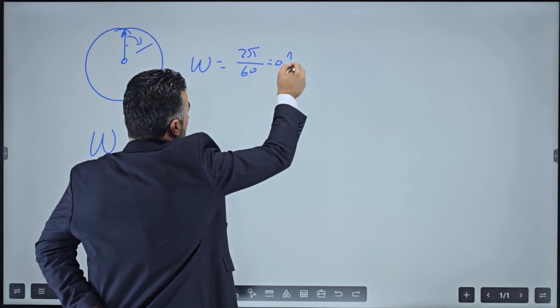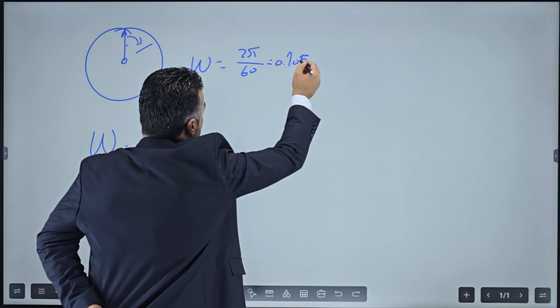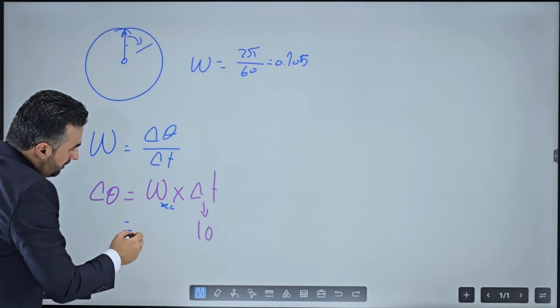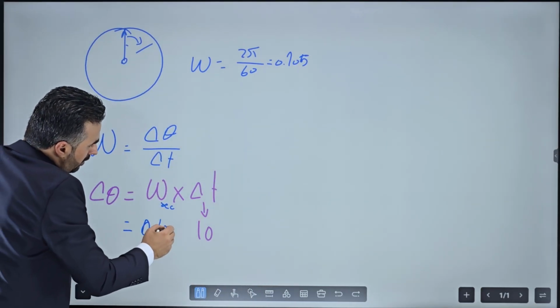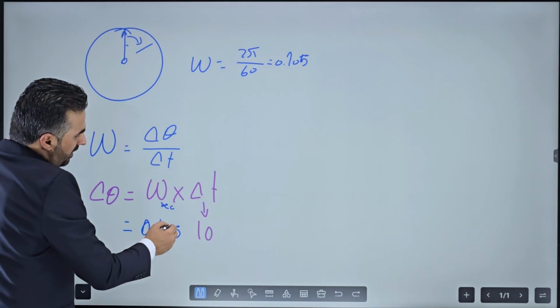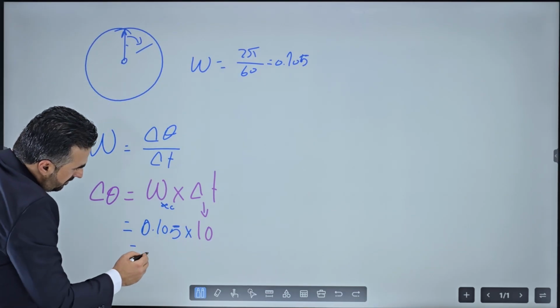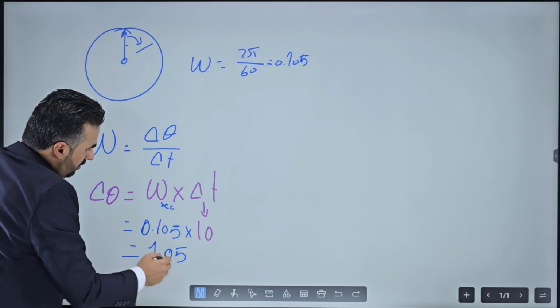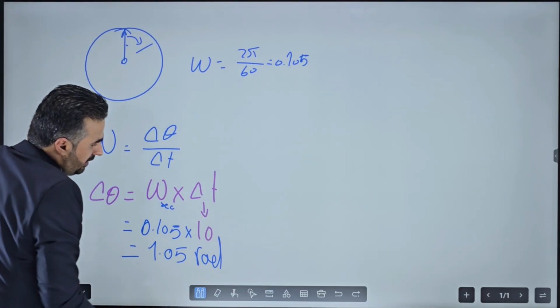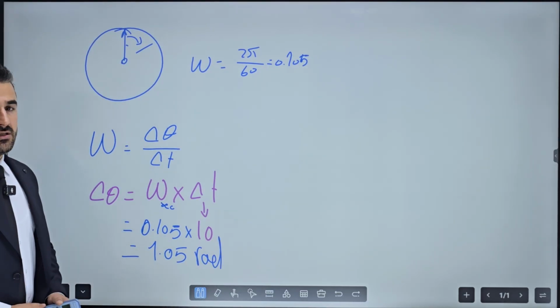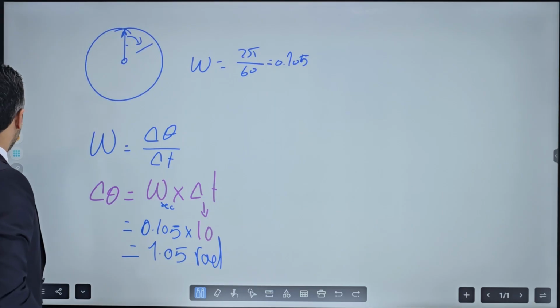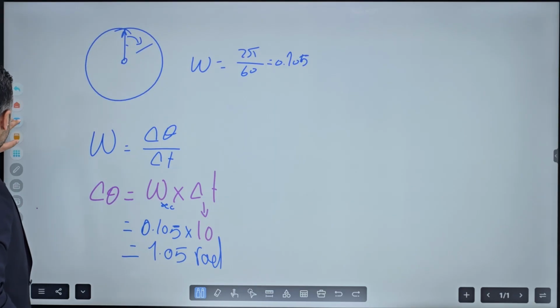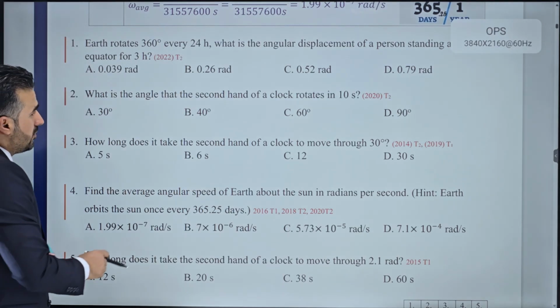Isn't that 0.105? Yes. Now all you have to do is write this number here, 0.105 times 10, that is going to be about 1.05, and that is the angular displacement, so this is going to be in radian. This is how you can do that very easily. Okay, now let's get back to the next question that we have.